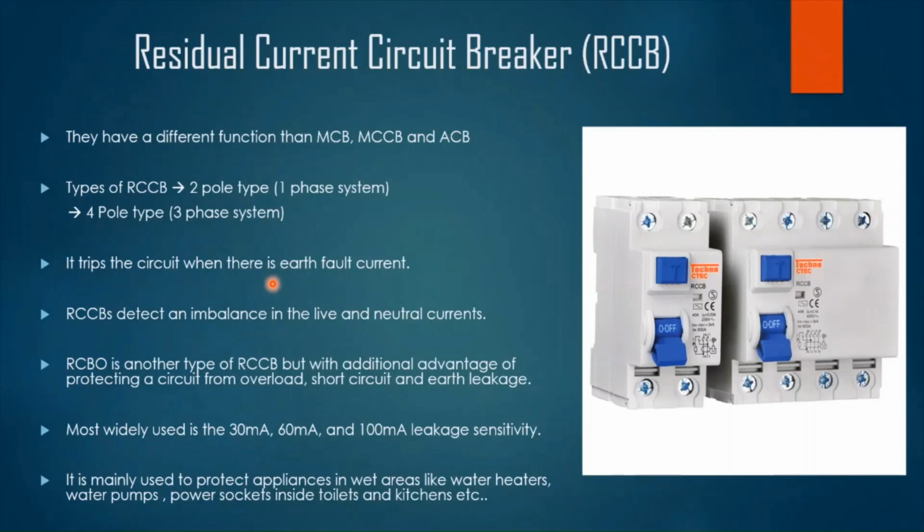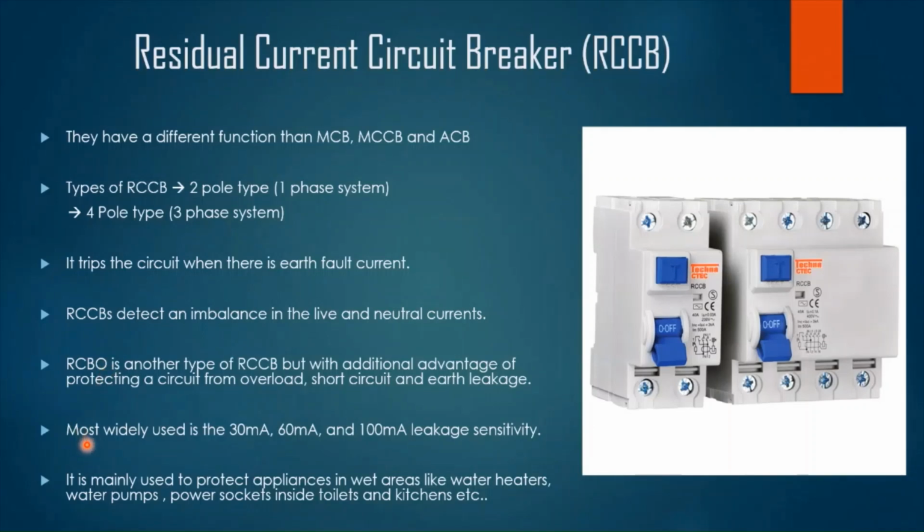It trips the circuit when it senses an earth fault or an imbalance in the live and neutral currents. There is also another advanced type of RCCB, which is the RCBO. It has an additional preference of protecting circuits from overload. So the O letter here indicates overload protection, in addition to the short circuit and earth leakage protection.